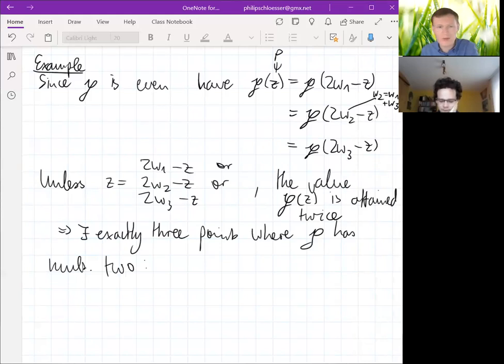And what are those 3 points? Well, the case of Z equal to 2 omega 1 minus Z, or 2 omega 2 minus Z, or 2 omega 3 minus Z. So what are these values? Well, omega 1, omega 2, or omega 3. And this is exactly why I chose the periods of our lattice to be 2 times omega 1 and 2 times omega 3.